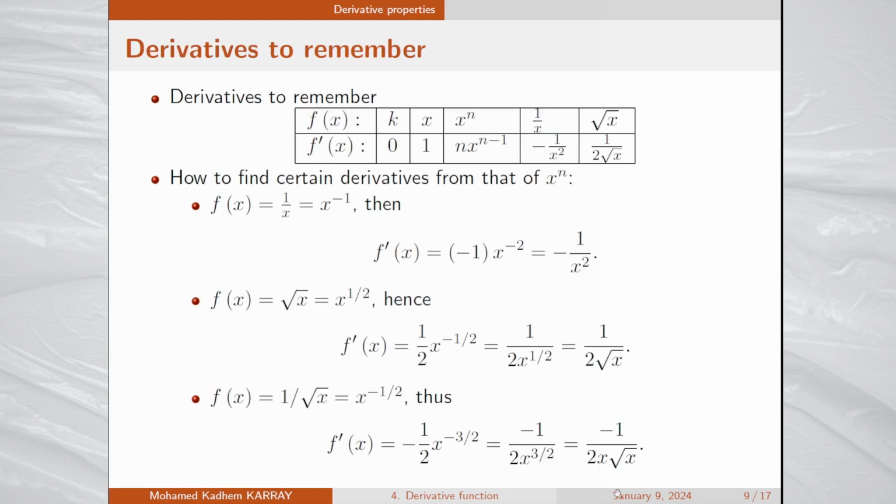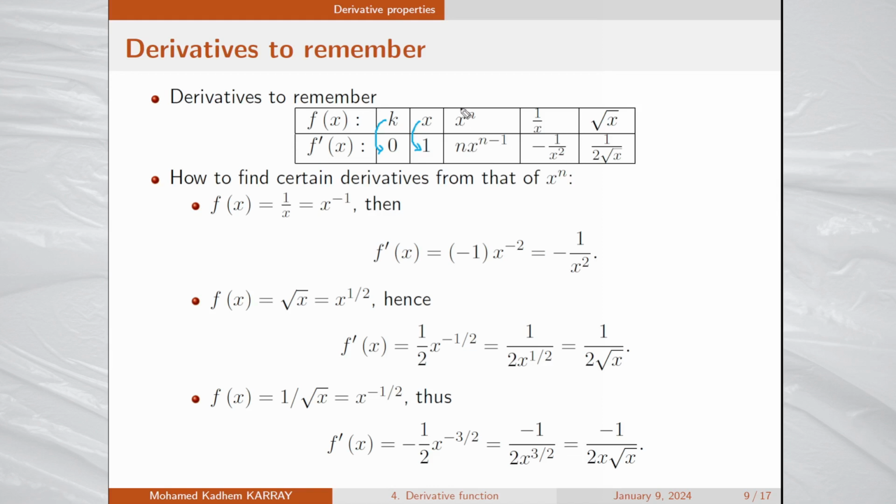The following table gives some very useful formulae also for derivatives of usual functions. The derivative of a constant is 0. The derivative of x equals 1. The derivative of x to the power n equals n multiplied by x to the power n minus 1.